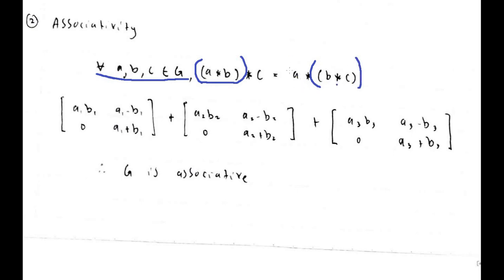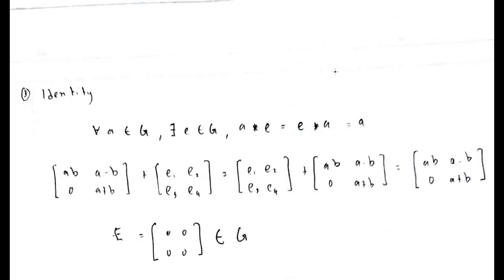So this is A, this is B, and this is C. So if we do A and B first, we also get the same answer as if we go for B and C first. So G is associative.